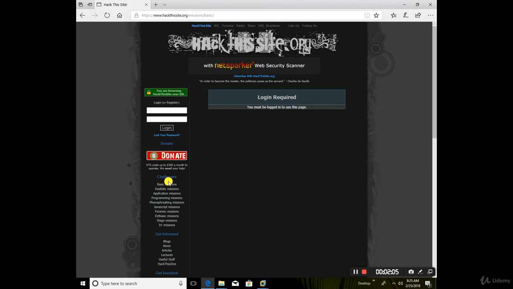They have a lot of cool things over here. They have the basic missions, realistic missions. Little by little, they work their way up. You're going to be looking at application missions, right? This is going to be from an exe type of application to a web application. JavaScript missions. We talked a little bit about that in the cross-site scripting stuff I told you about. Forensics missions, that you're going to get a little bit out of.